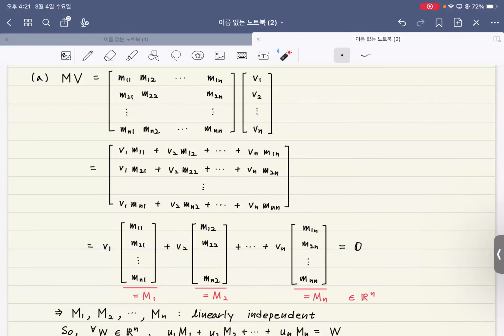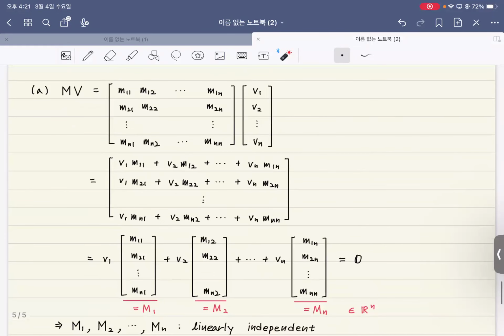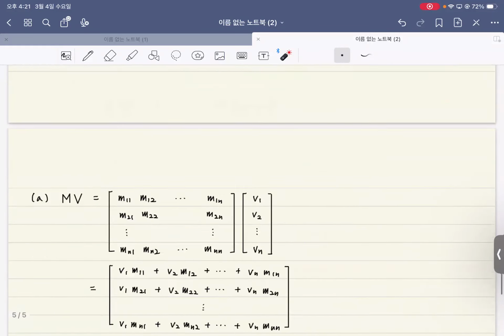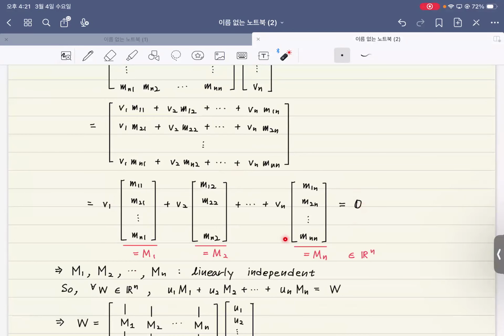This is precisely the linear combination of the column vectors which constitute the matrix M. And our hypothesis tells us that this is only possible for V equals 0. In other words, this vector equation has only the trivial solution, because to attain this equality, v1, v2, up to vn must all equal 0.